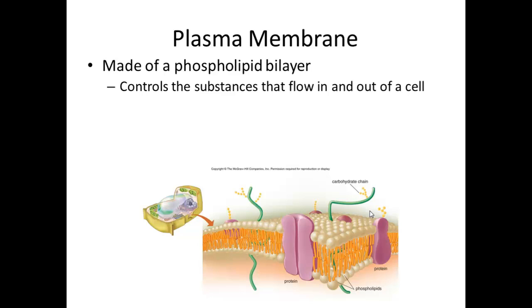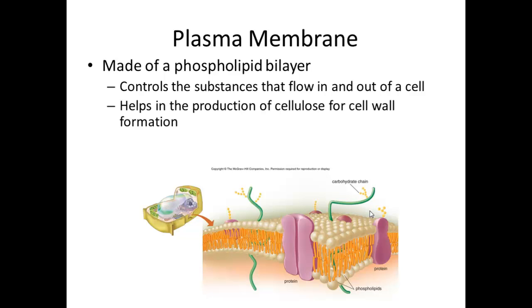And this allows the controlled movement of substances in and out of the cell. Small things like oxygen, ions, and other things can generally float through the cell membrane without the aid of other proteins.